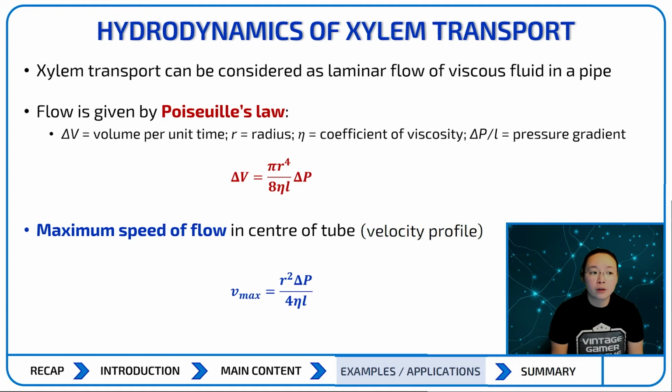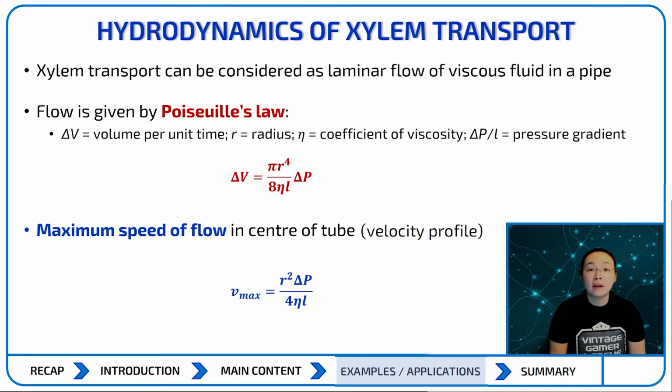Because it's moving water, we call it hydrodynamics, and that is exactly what xylem transport is about. We already know that we can model the vessel elements of xylem as cylindrical tubes, so the majority of equations that we've already established for blood vessels and fluid flow can apply as well.